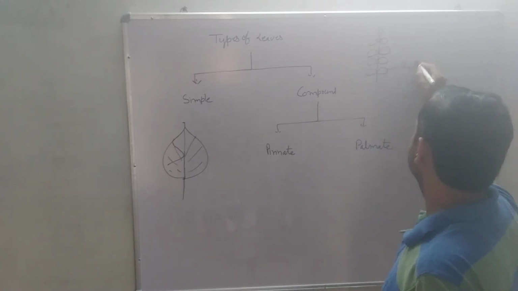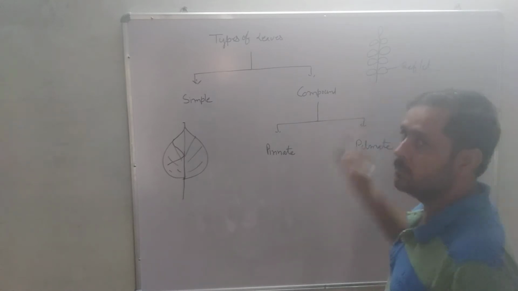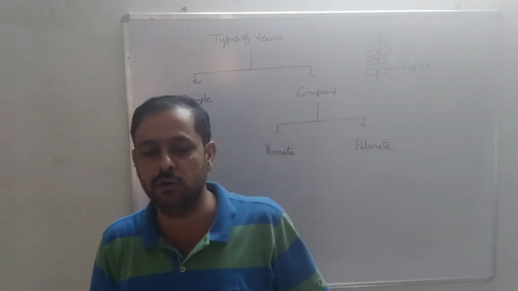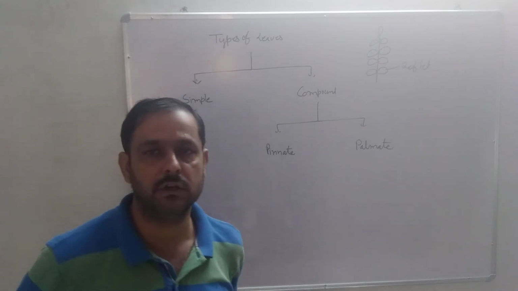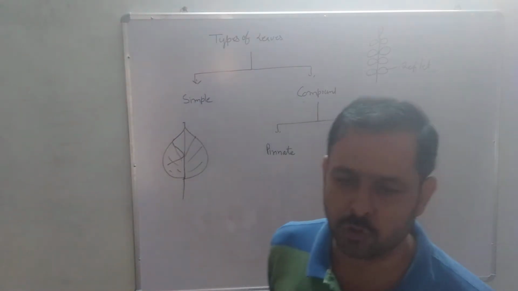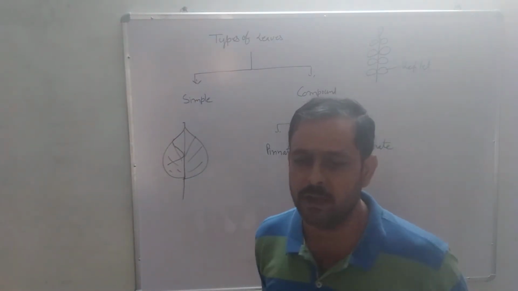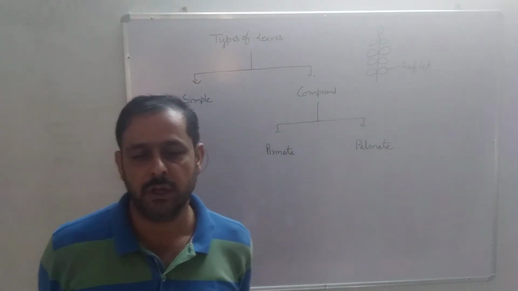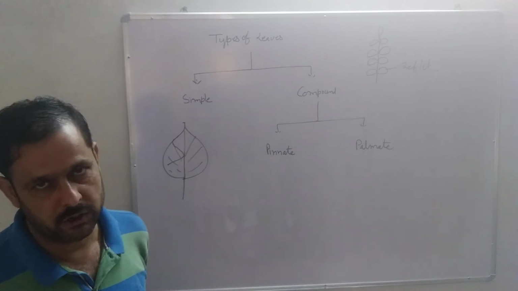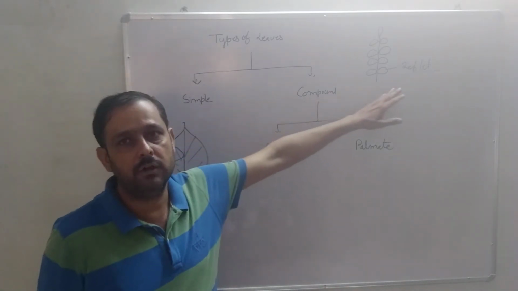These are the leaflets. The lamina is divided into several parts. The incisions go up to the midrib, hence the leaflets are not connected by lamina and are free from one another. That is called a compound leaf.